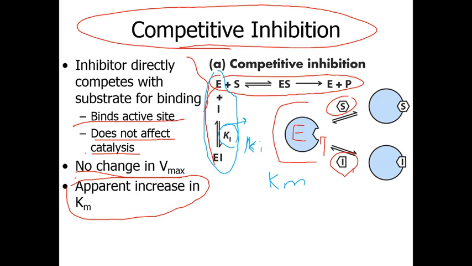If an inhibitor binds to the same site as a substrate, the enzyme cannot bind the substrate with the same affinity. That is why it means an apparent increase in Km. So a competitive inhibitor increases the Km. However, it does not increase Vmax or Kcat.